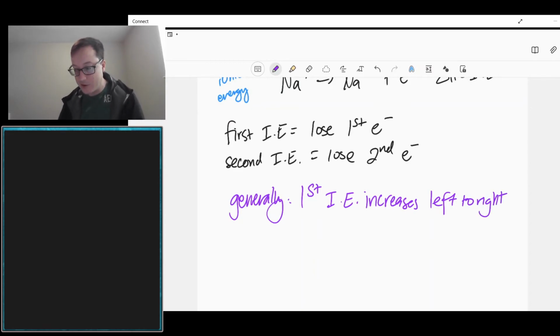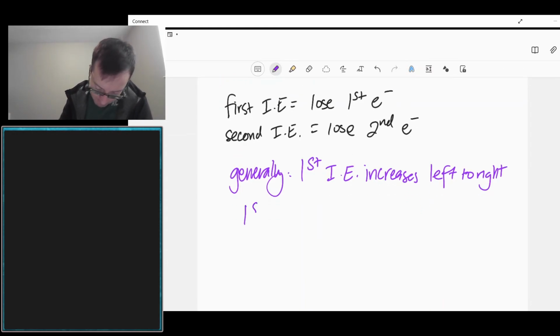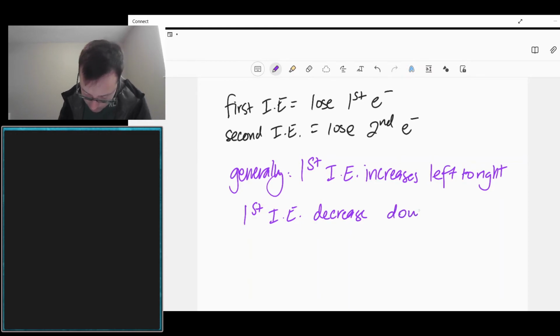It's easier for sodium to lose an electron than it is for magnesium, because we're going to make sodium into a noble gas configuration, but not magnesium. And we're also going to see, as we go down the periodic table, it decreases as we go down.